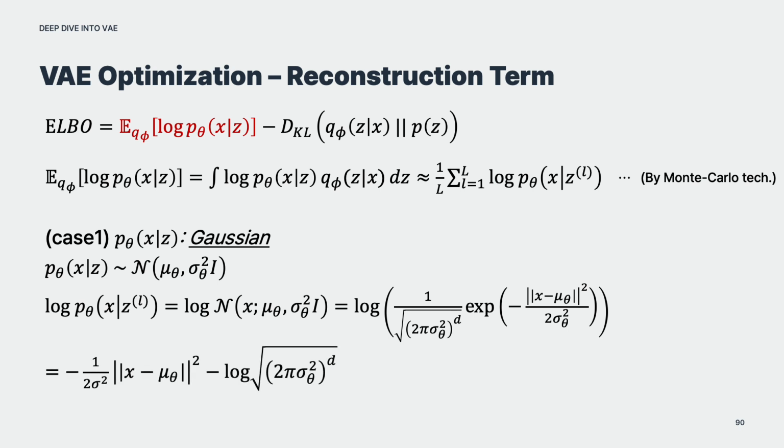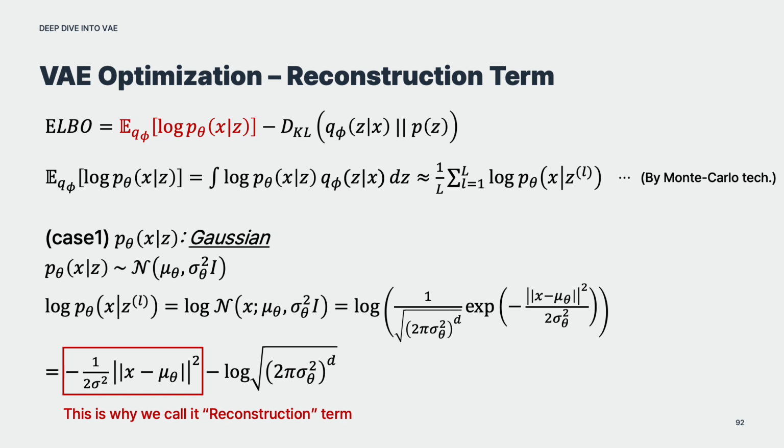By simplifying this once more, we arrive at the following expression. In this expression, the second term can be treated as a constant if sigma is assumed to be the identity covariance matrix. As a result, only the first L2 loss term remains, which is why this part of the ELBO is commonly referred to as the reconstruction term.